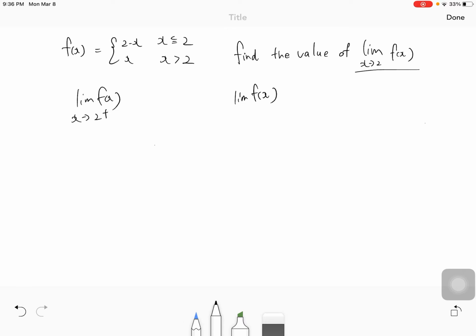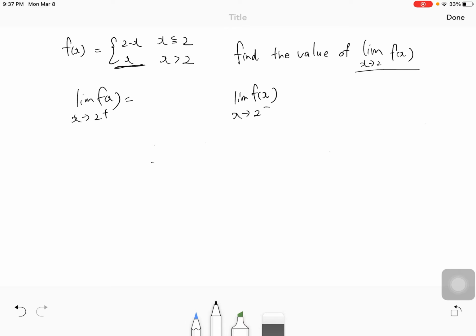First one, limit f of x as x approaches 2 from right side and also left side. So first, let's work on from right side. When x is really close to 2 but a little bit bigger than 2, in this case you have to use this equation, f of x is equal to x, because x is a little bit bigger than 2.